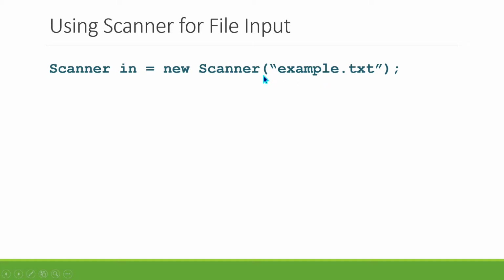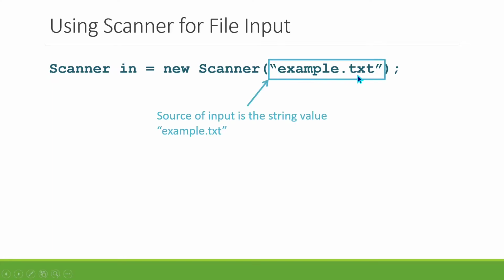So what scanner thinks you're trying to do is use the other constructor, which takes a string, and it thinks that you're actually using this string as the source of input. So if you were to invoke, say, the next method, it will just return the actual letters example.txt. So you want to be really careful in your programs when you're using a scanner to get input from a file. You can't do it this way. You have to use a file object.